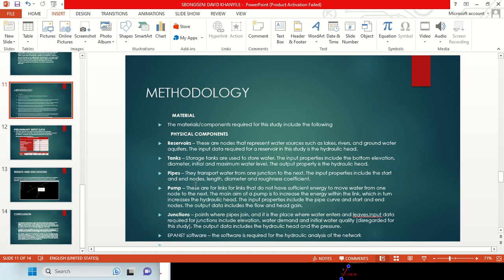Tanks are storage used to store water. Pipes transport water from one junction to another. Pumps are links that add energy to move water from one node to the next. Junctions are points where pipes join, and EPANET is where we design and analyze the network.